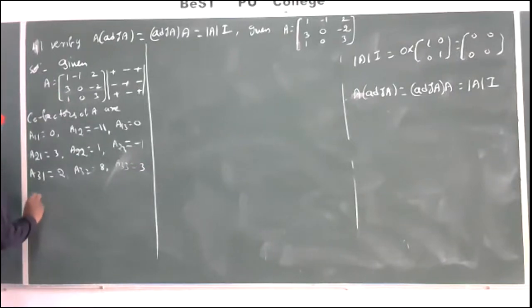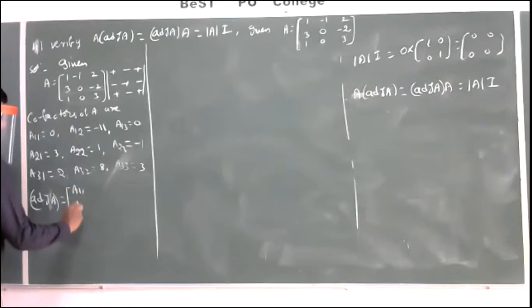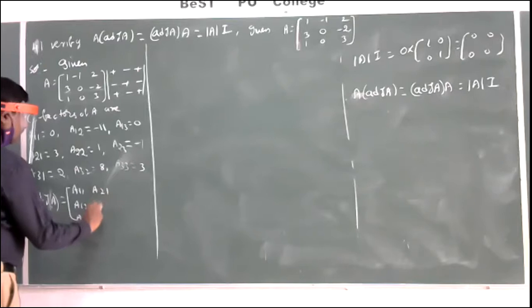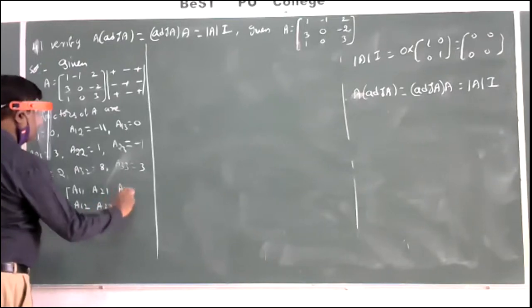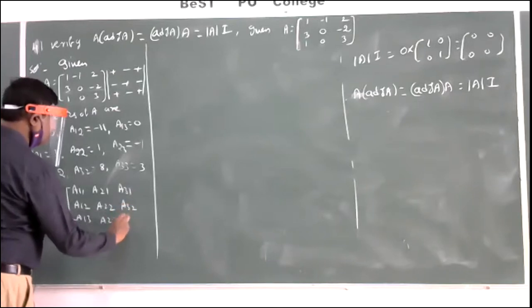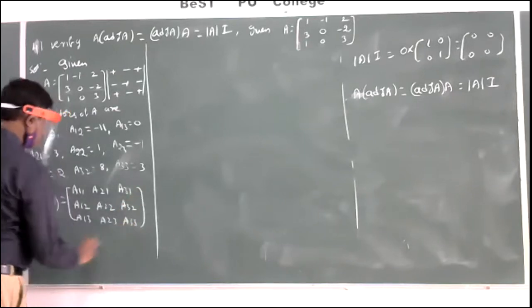Now, adjoint A: A11, A12, A13, A21, A22, A23, A31, A32, A33.